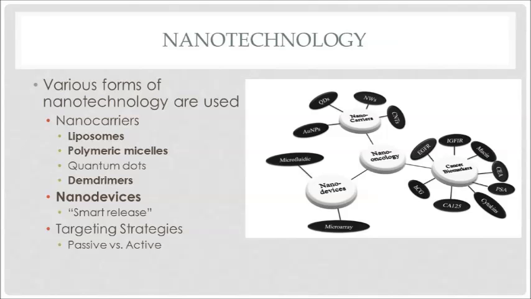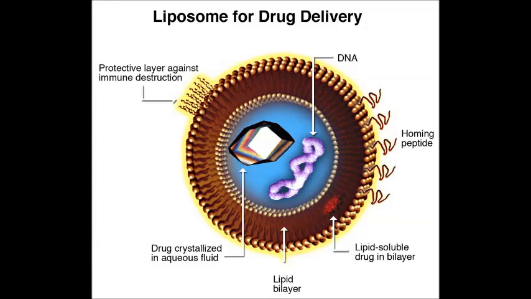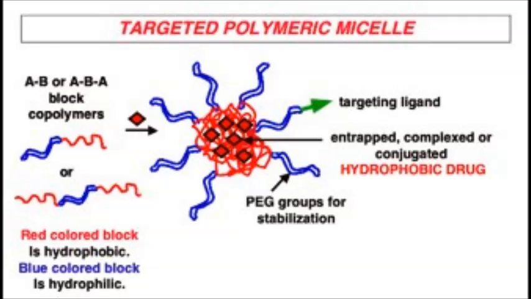At the moment, there's one branch of nanocarriers, which includes liposomes, polymeric micelles, quantum dots, and dendrimers. We will discuss further in the presentation some examples of liposomes, polymeric micelles, and dendrimers that are being tested on ovarian cancer cells as well as breast cancer cells.